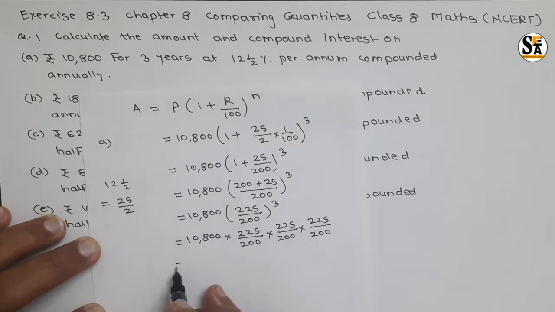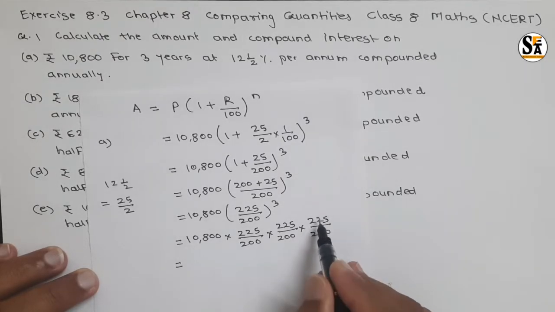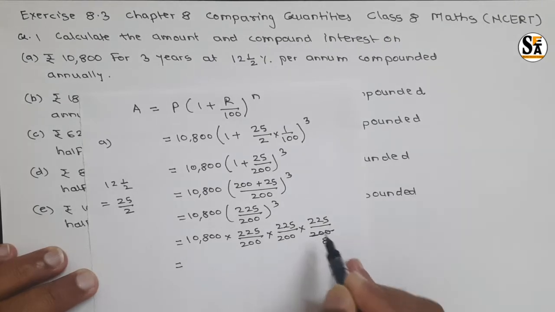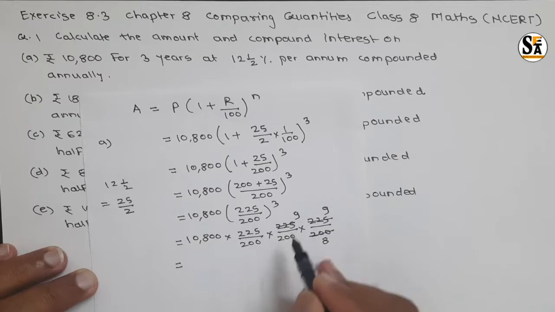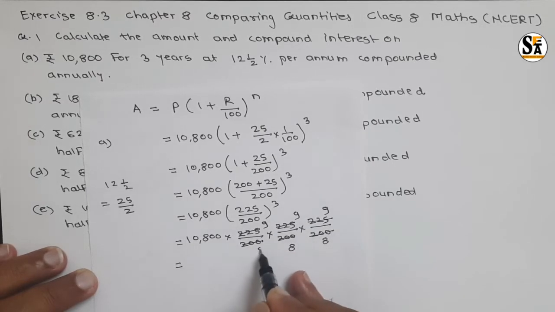If we solve this, just simplify this, divide both by 25. If we divide 200 by 25, we get 8, and if we divide 225 by 25, we get 9. Similarly, here also 9, here also 8, here also 9, here also 8.